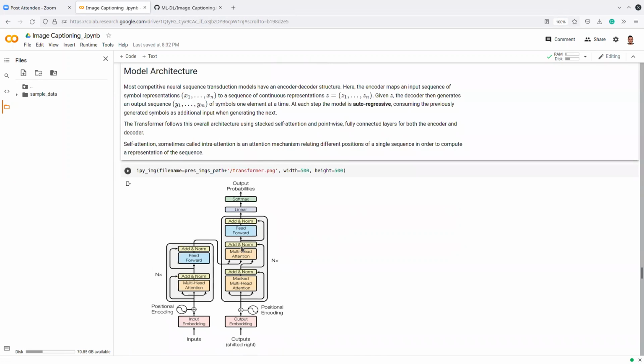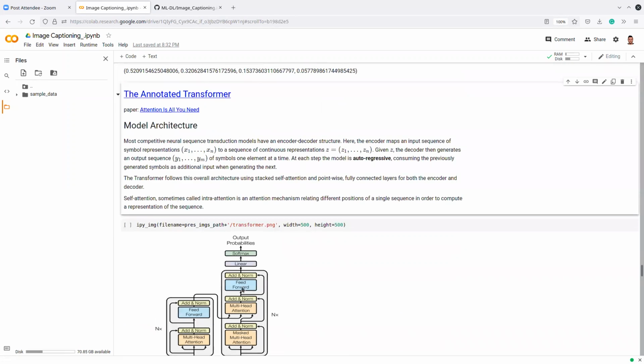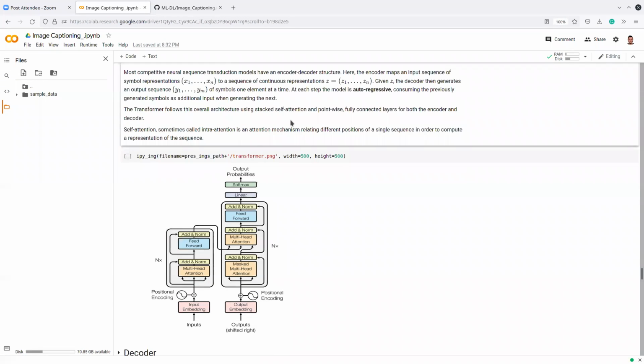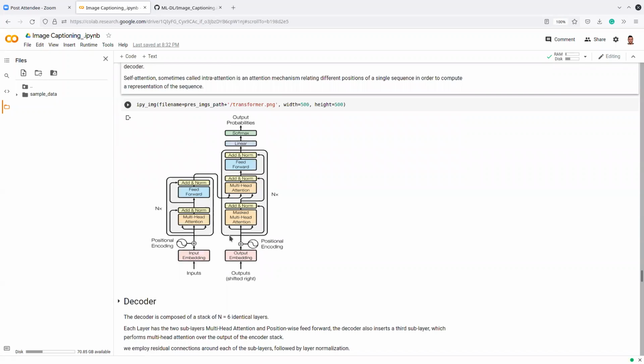Basically, the transformer is a model built by Google. The idea of the transformer was originally for machine translation. So we have an encoder and a decoder. The encoder's task is, for example, to translate from Russian to English.